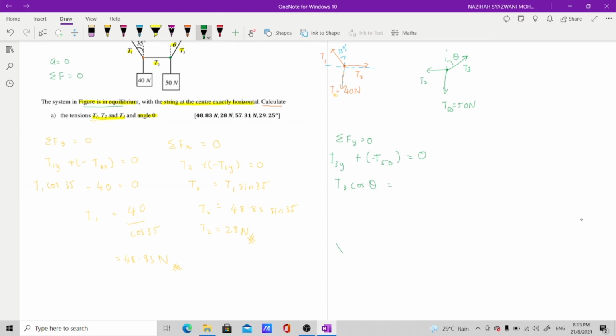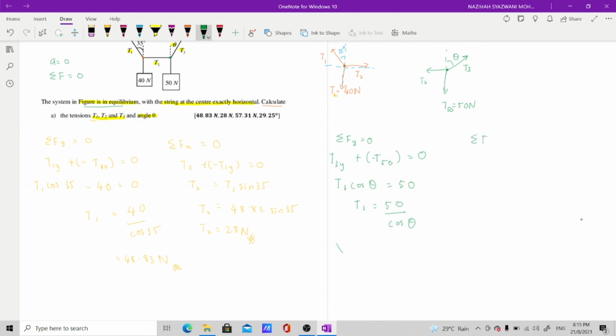I am going to bring my T50 to the side. Let's leave our equation like that. Let's make T3 the subject first. So T3 equals 50 over cos theta.